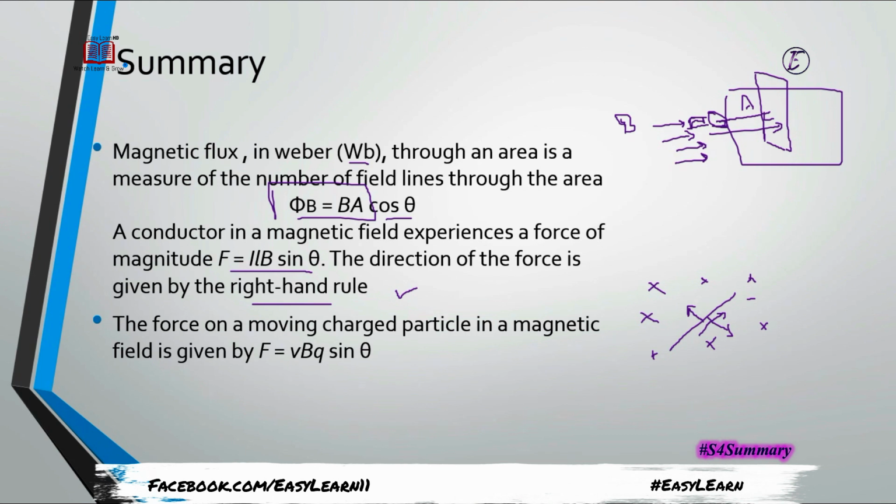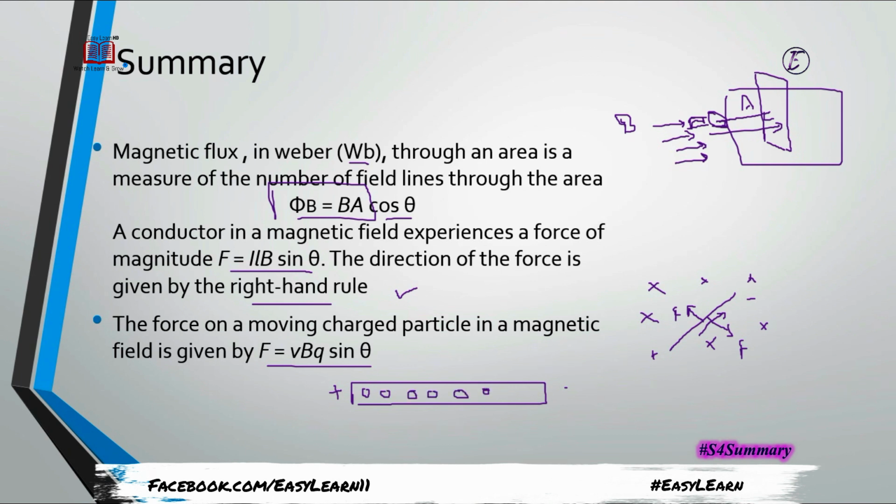Anyway, we already discussed this in detail. The force on a moving charged particle in a magnetic field is given by F equals VBQ sine theta. Remember that if there is a conductor connected with positive and negative terminals, under the influence of the external magnetic field it will experience a force at a right angle of 90 degrees to the magnetic field. But what if the particles inside also experience some force?